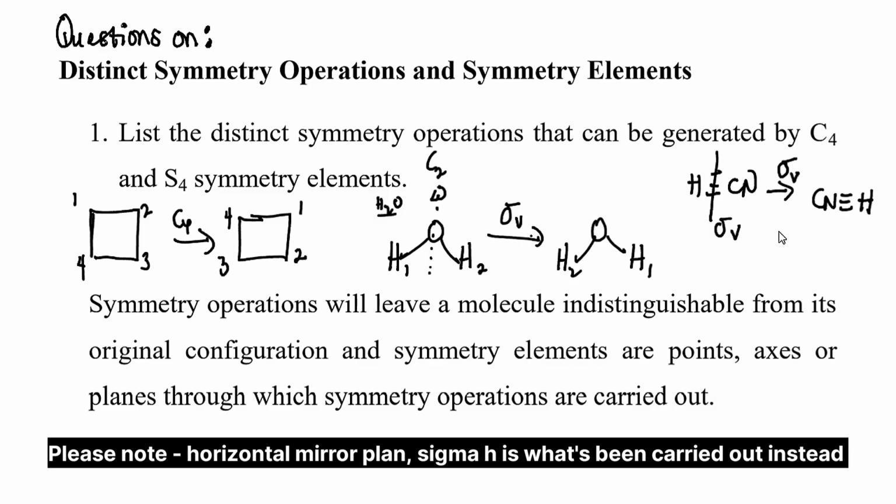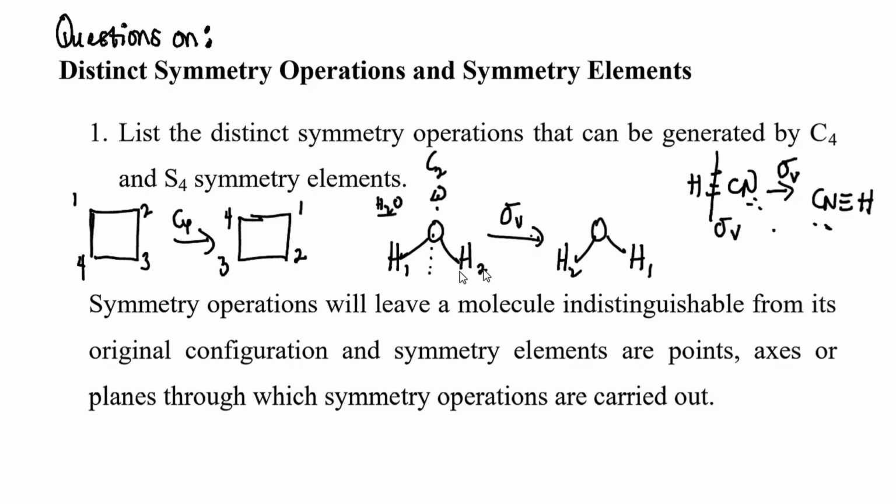So this is not a symmetry operation in this molecule, because these two are different, so they are distinguishable, right? So symmetry operations will leave a molecule indistinguishable from its original configuration, and symmetry elements are points, axes, or planes through which symmetry operations can be carried out.